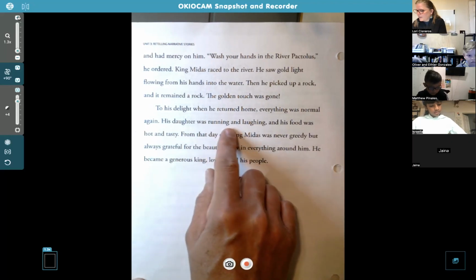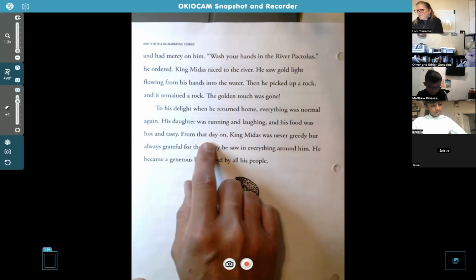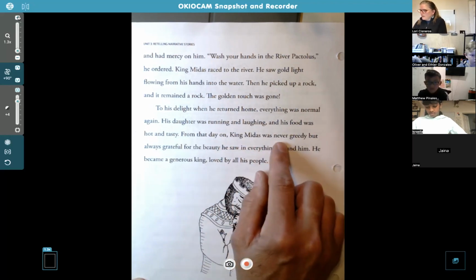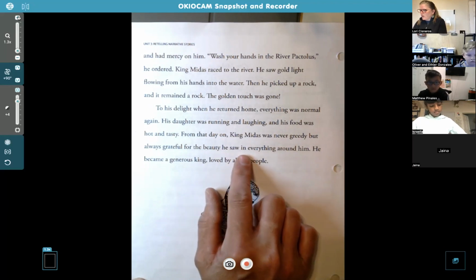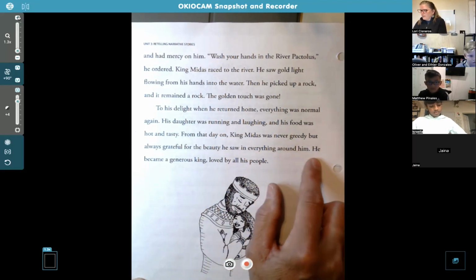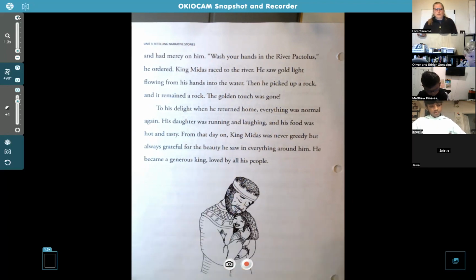His daughter was running and laughing, and his food was hot and tasty. From that day on, King Midas was never greedy, but always grateful for the beauty he saw in everything around him. He became a generous king, loved by all his people. And there's a nice picture of them together, King Midas and his daughter.